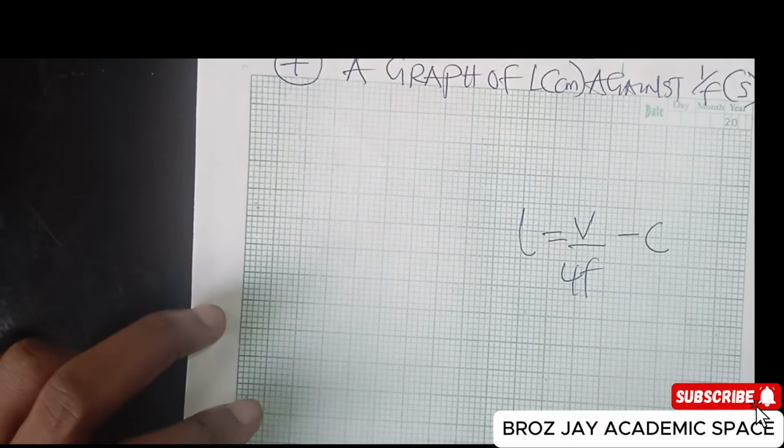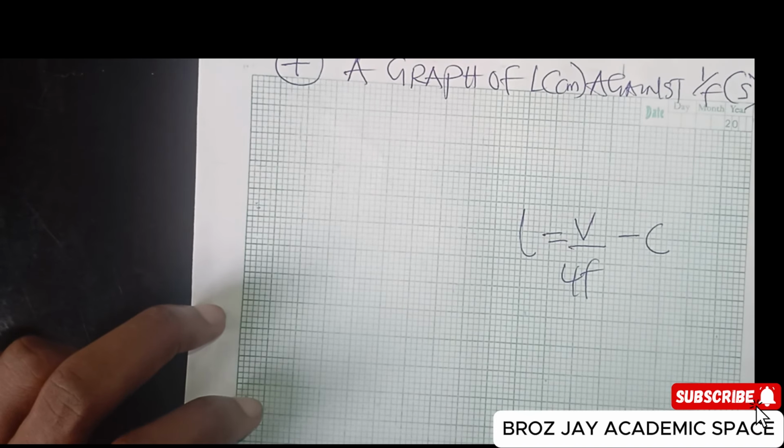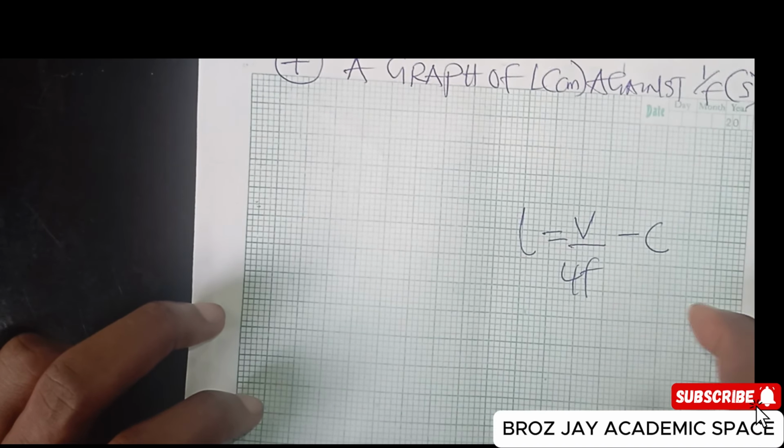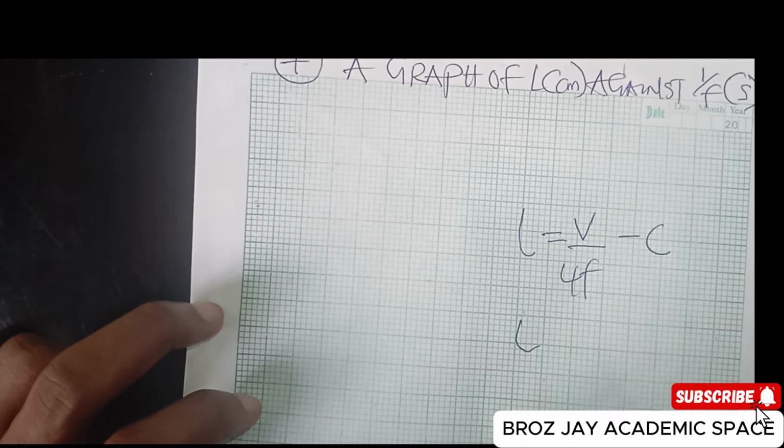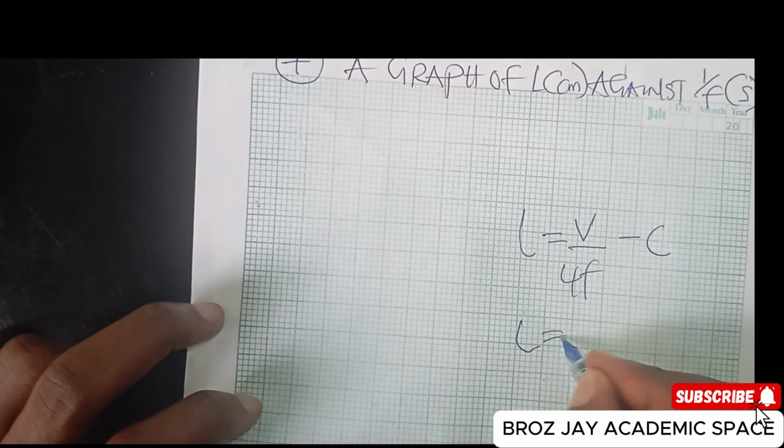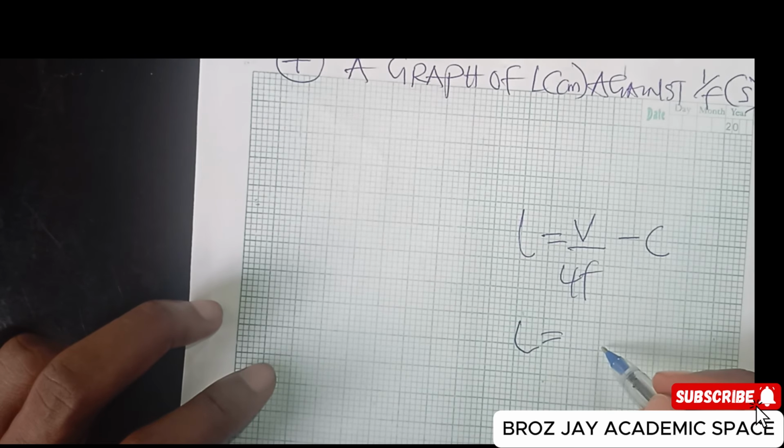Now let me see how the nature of the graph will look like. Please don't write on your graph. So therefore my L is equal to, it was the graph of what?